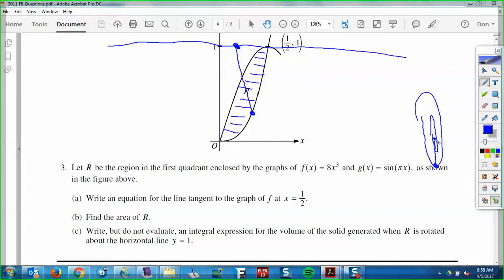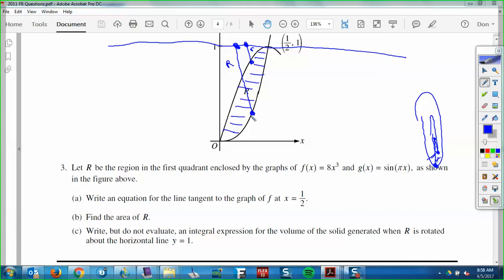Little r is going to go from the center to the inner edge of the region. This is the region. This is the shaded one, right? So it's going to go from here to here, right? So this one is big R. This one is little r. Okay? So Emily, when you said big R is going to be 8x cubed, the reason I said no is because big R is this strip.